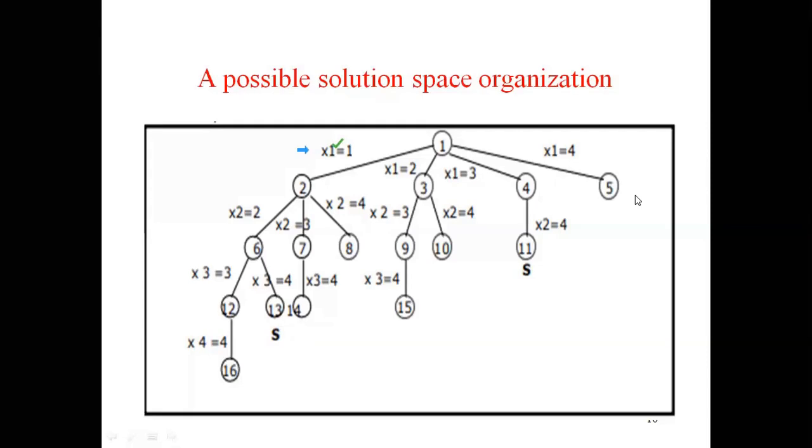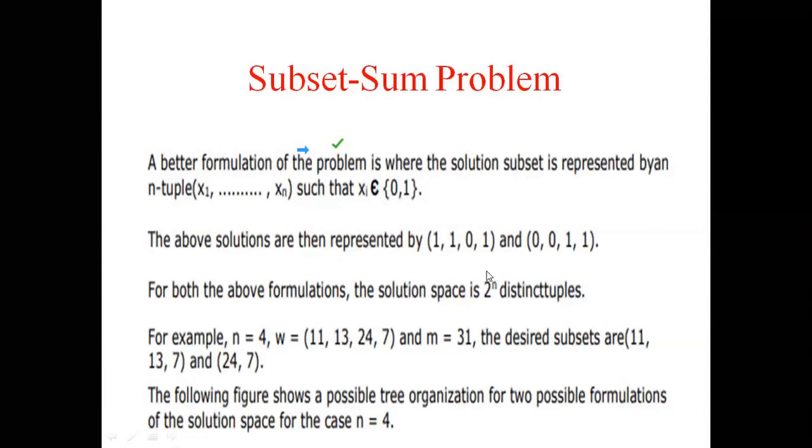The right subtree defines all subsets not containing W1. Now there are 2 power 4 leaf nodes which represent 16 possible tuples, since we have 4 elements in the given problem. In the given problem, we have 4 elements 11, 13, 24, 7.